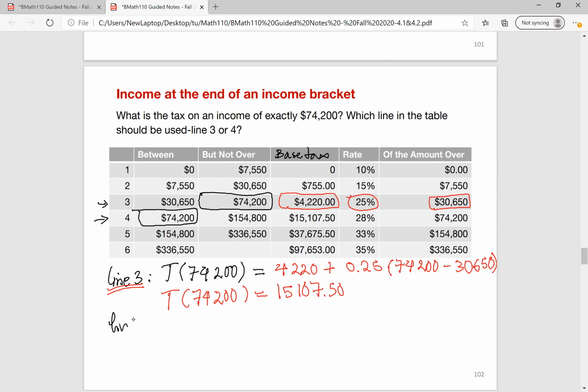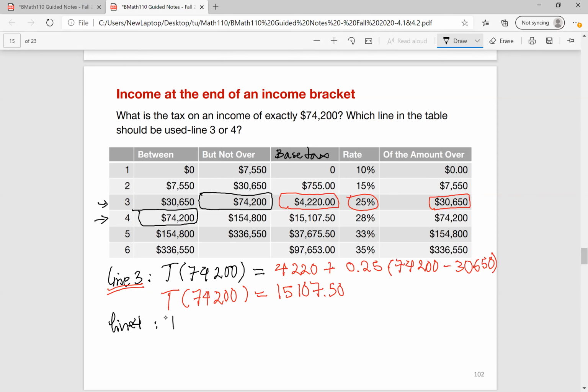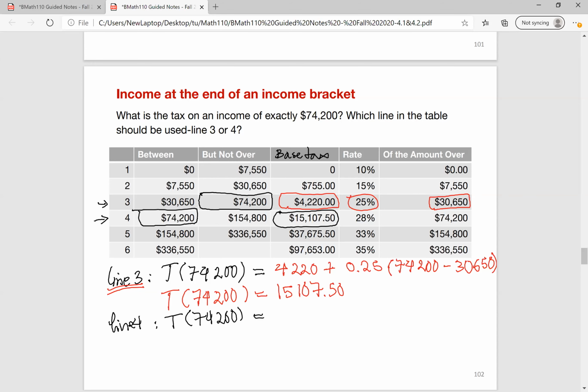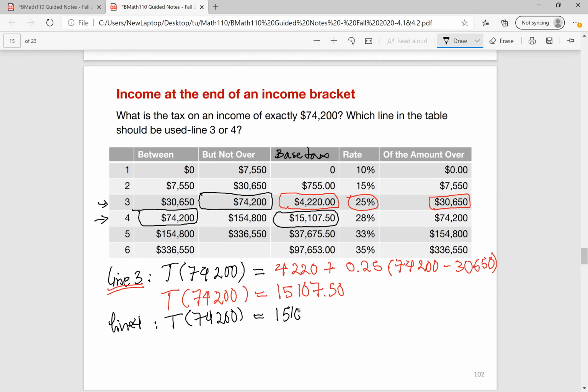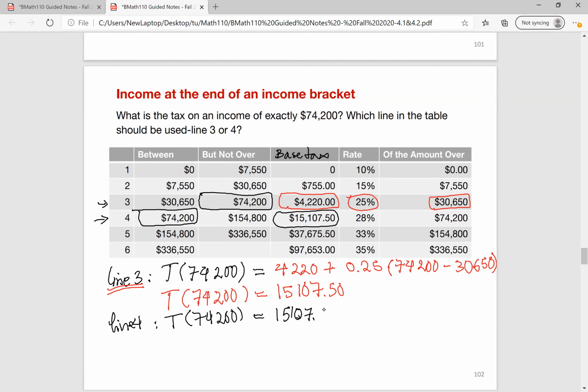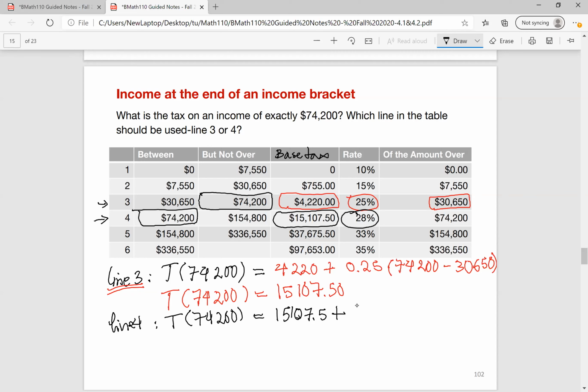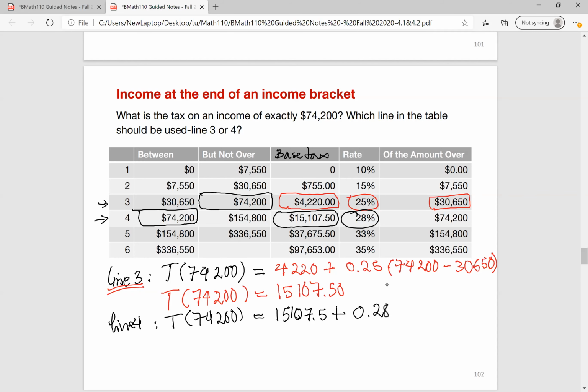So T of 74,200 will be equal to, now you use the base tax of 15,107.5, and then you add the rate, which is 0.28.